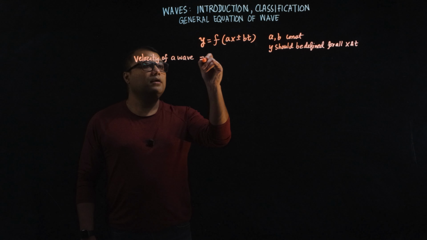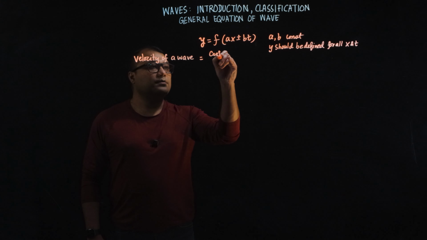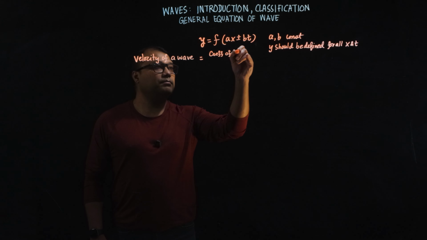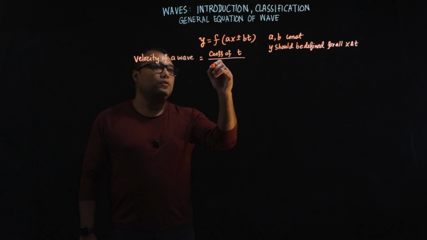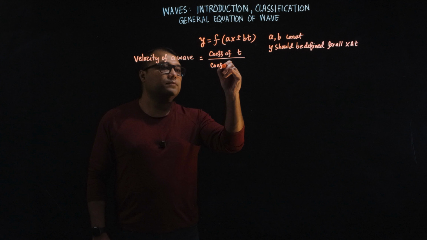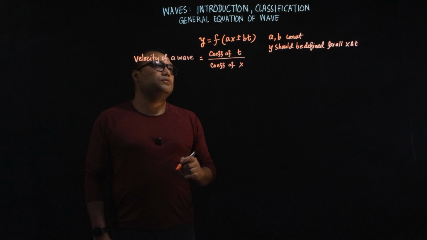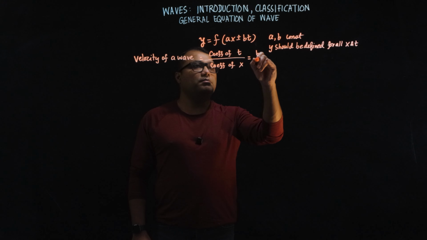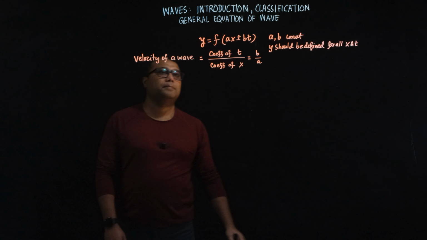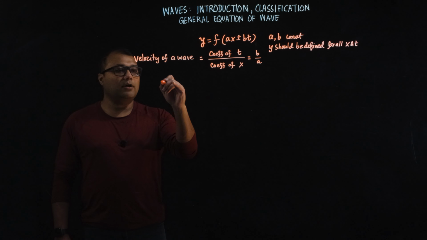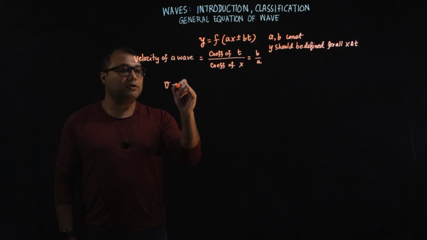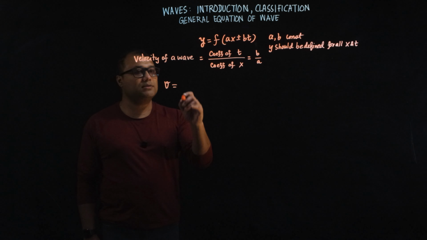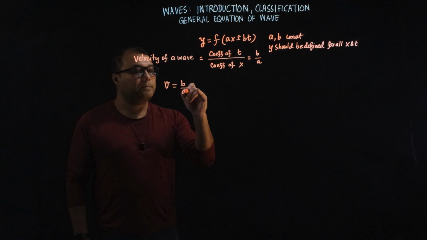It is given by the coefficient of t, the coefficient of time, divided by the coefficient of x. So in our example, this will be b by a. The velocity of a wave, usually denoted by a small v, is b by a.